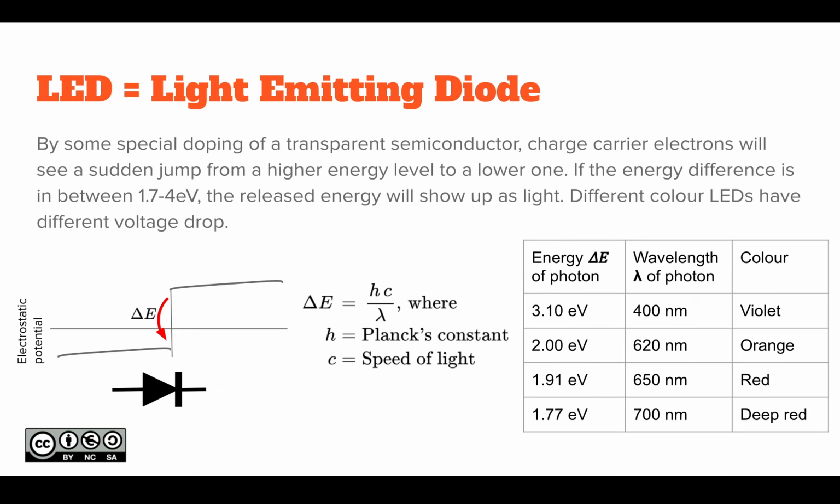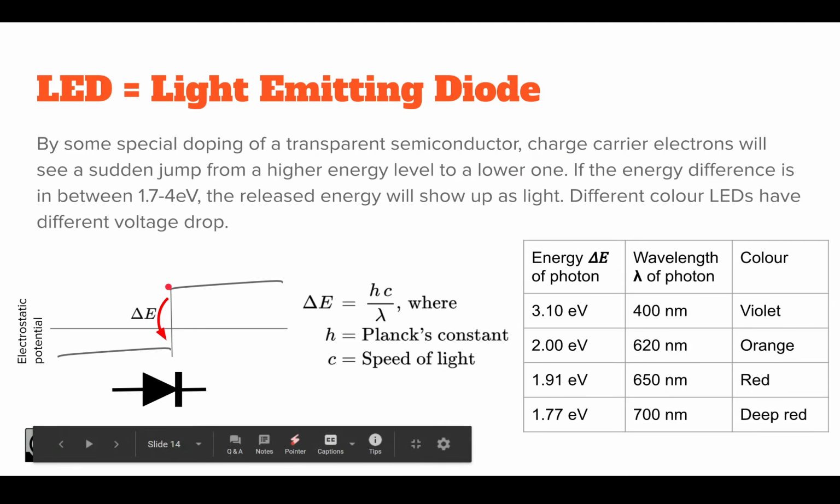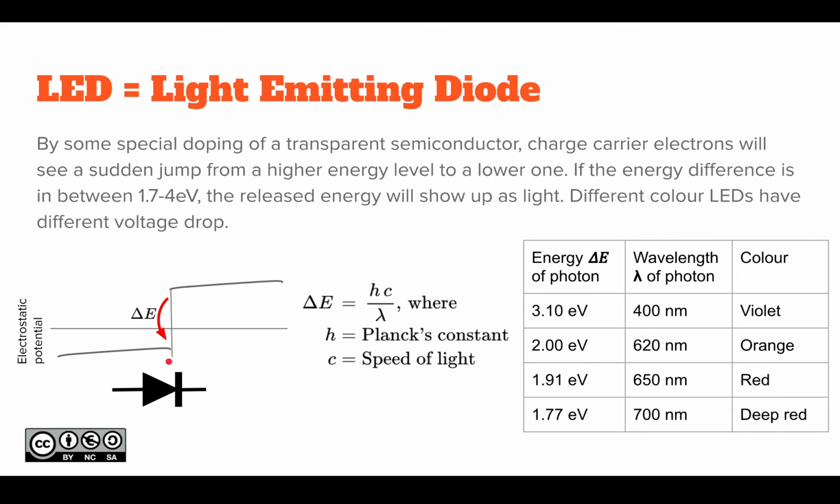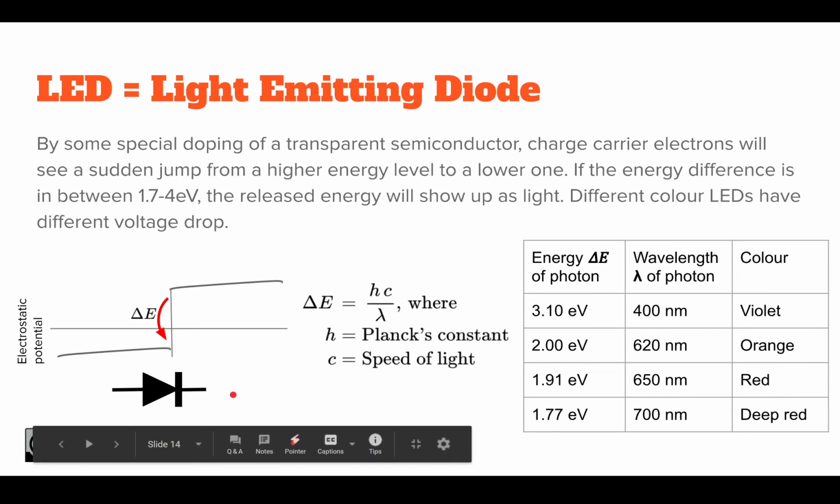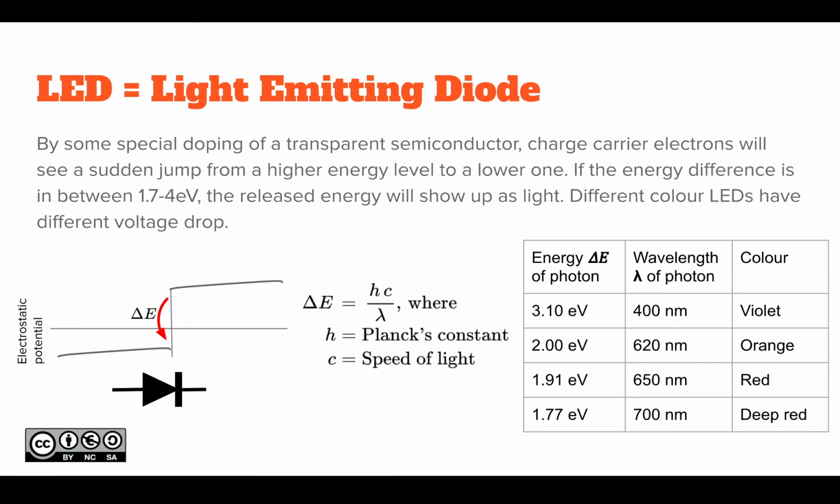So red color radiation comes out from that potential energy jump when the electron goes downhill, meaning the current is flowing in forward direction. So that's why you need to put that LED's bended terminal to the positive and the other straight terminal to the negative in this Tinkercad. So the current flows only in one direction.